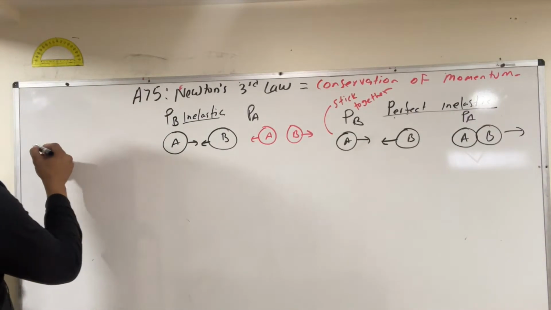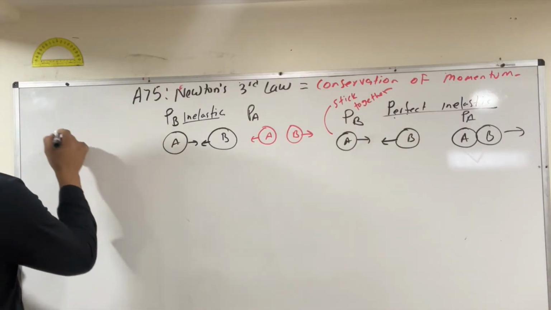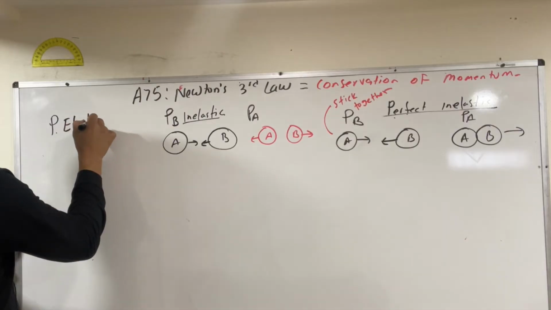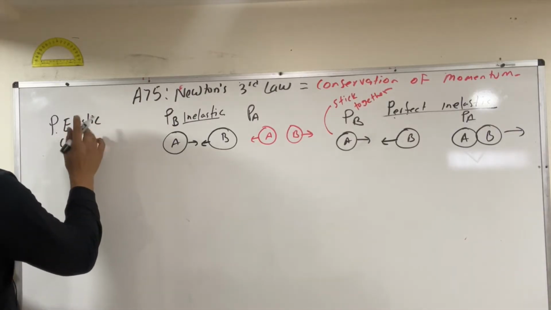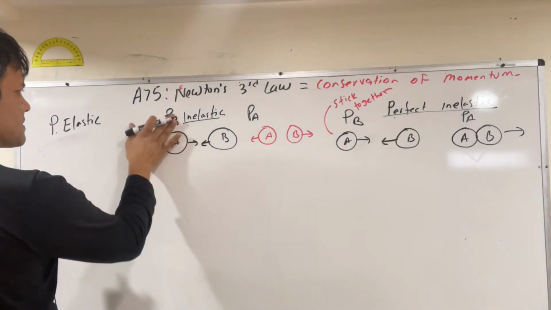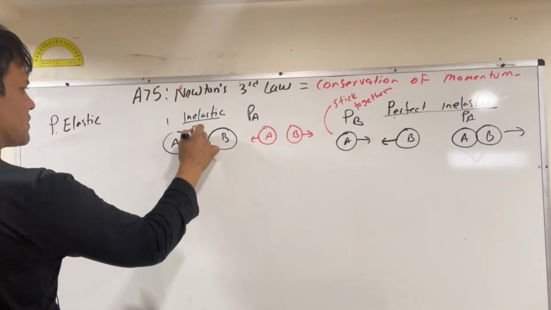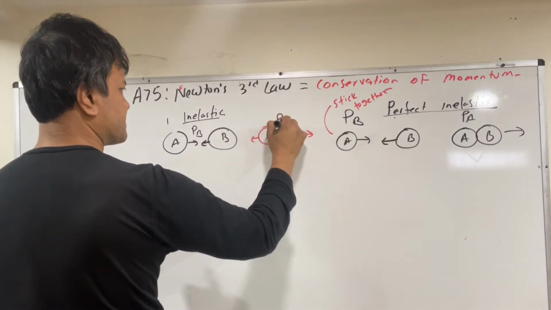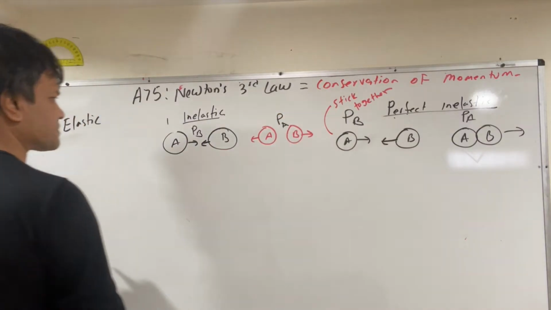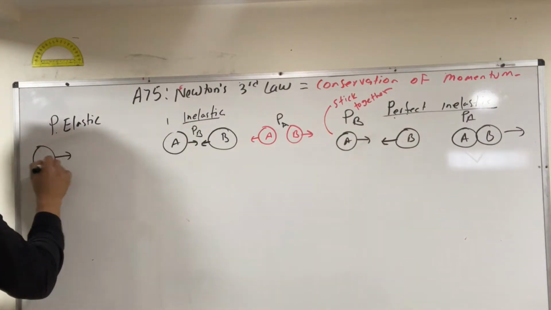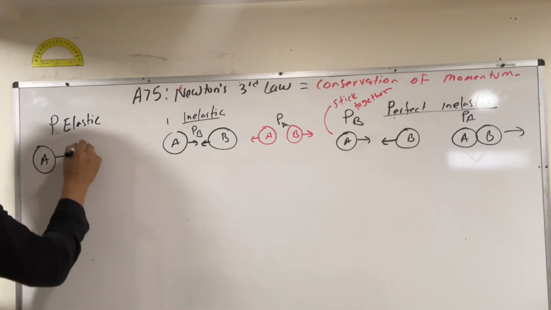And now we're going to see the perfect elastic collision. So this is perfect inelastic, this is inelastic. So perfect elastic collision. I don't have to write collision because you already know we are talking about collision. Let's write momentum before and momentum after. Alright, so ball A is moving, ball B at rest, right?